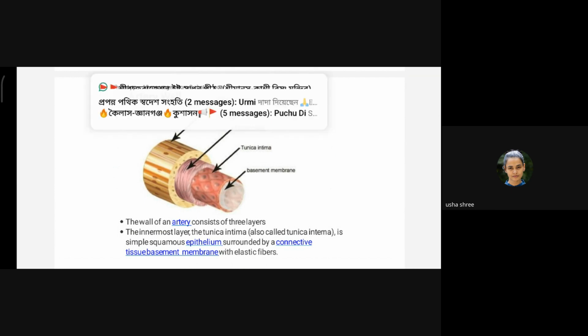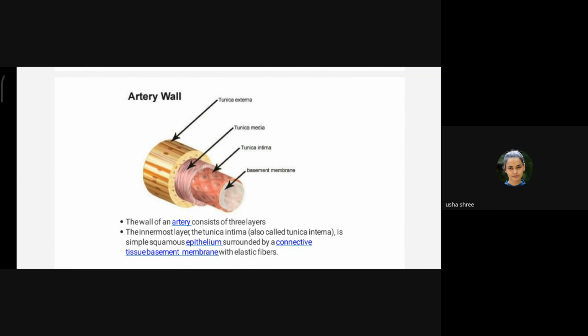And what is this tunica interna made up of? Simple squamous epithelium surrounded by connective tissue basement membrane with elastic fibers. Yes, it should be elastic, because blood flows through these vessels, and sometimes blood pressure increases, sometimes decreases, so it should be elastic.